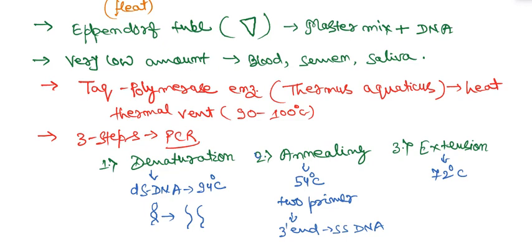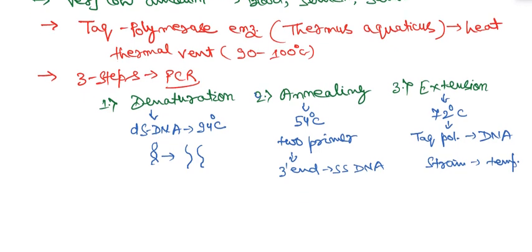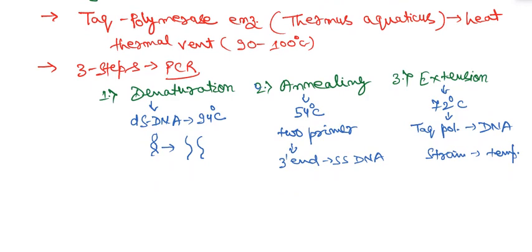At this temperature, our enzyme, Taq polymerase, synthesizes the DNA strand over the template. It is an automatic process because the Taq polymerase enzyme is heat resistant. So through this process, we can amplify a small quantity of our desired DNA molecule.